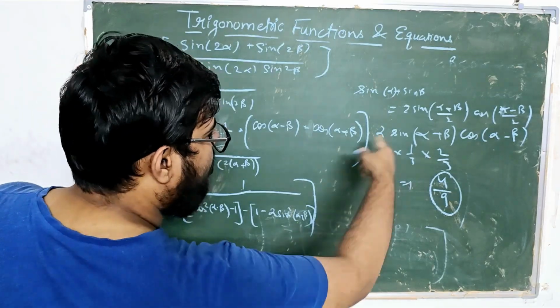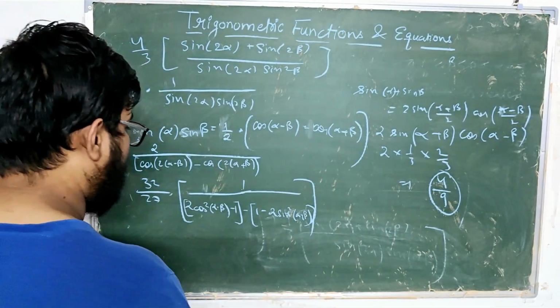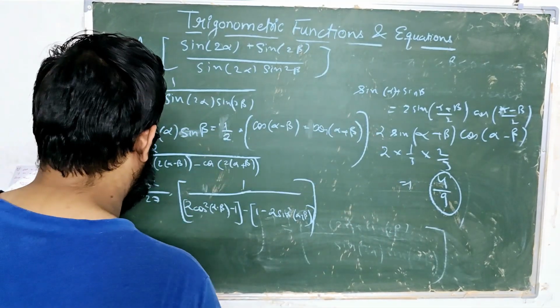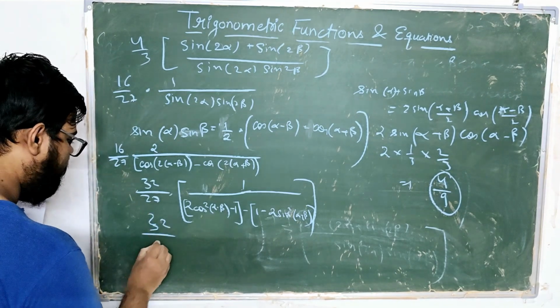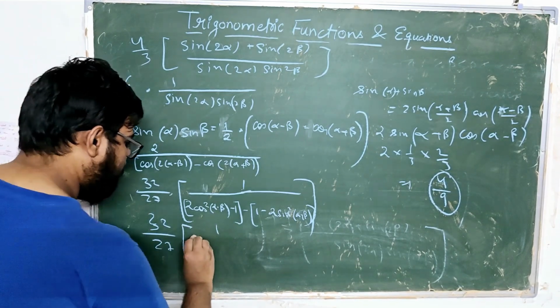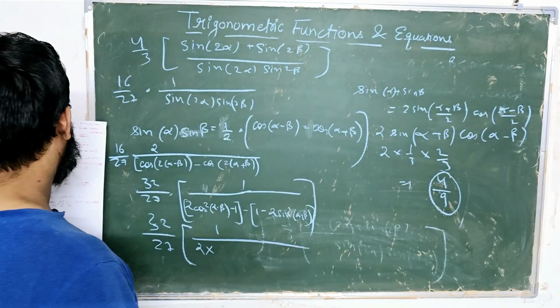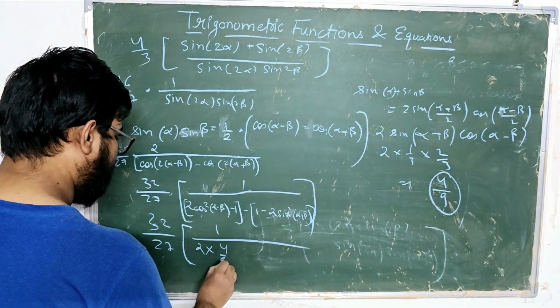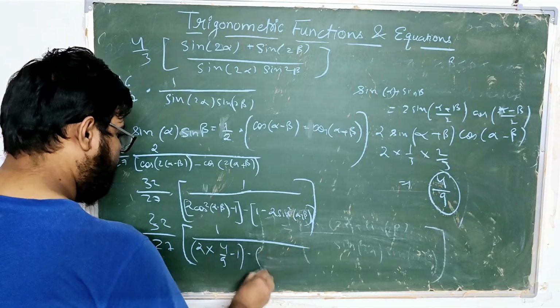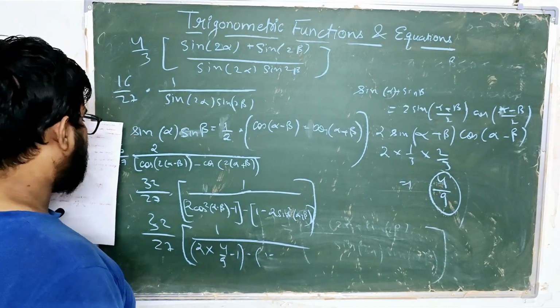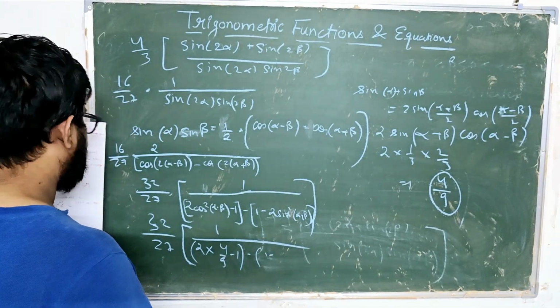So now we can substitute back the values of cos square of alpha minus beta in that. So we have 32 by 27, 1 divided by 2 into cos square of this, so it will be 4 by 9 minus 1 minus (1 minus 2 into 2 by 9).